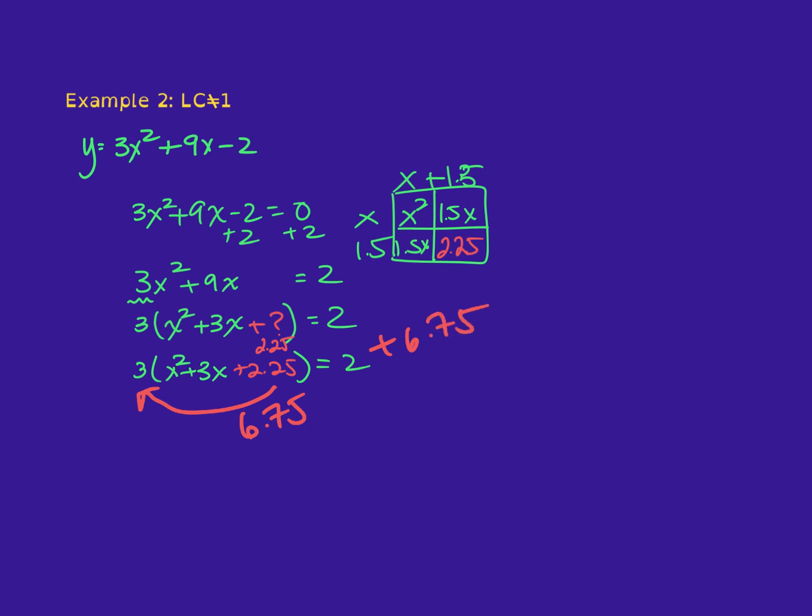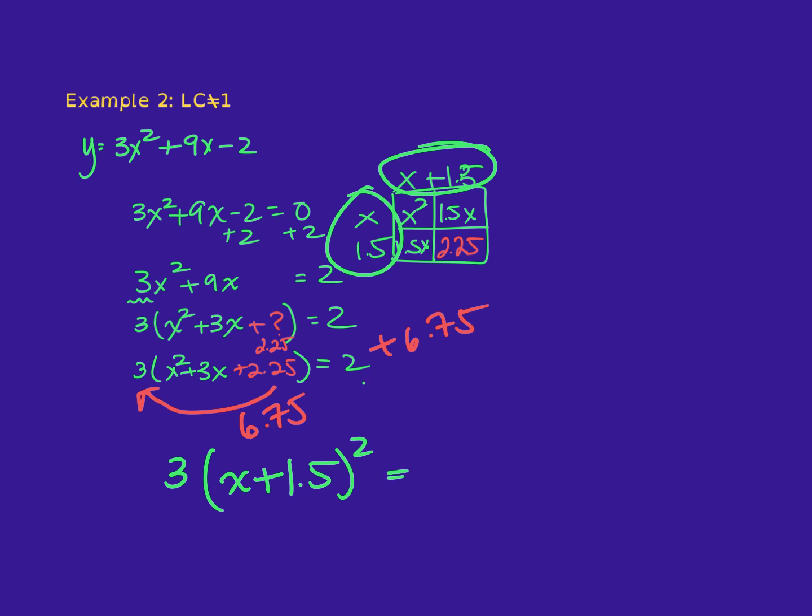So now we can rewrite our expression: 3, open parentheses, our side of the box, x plus 1.5, squared, equals, and here we have our 2 plus 6.75, so we end up with 8.75.